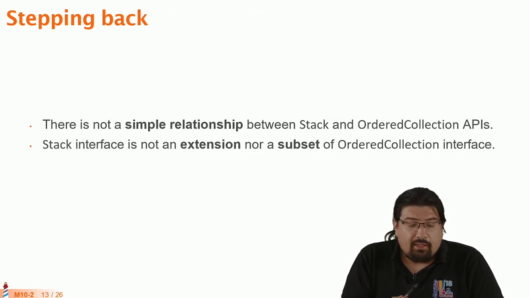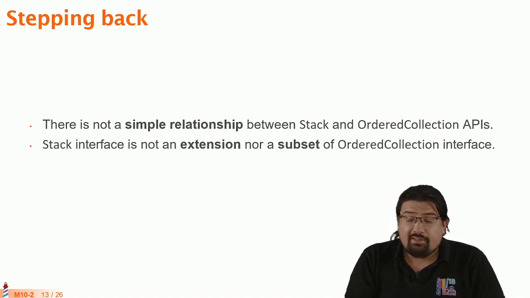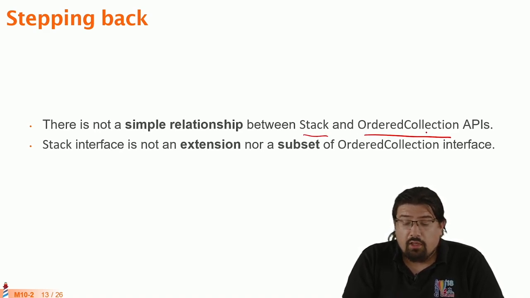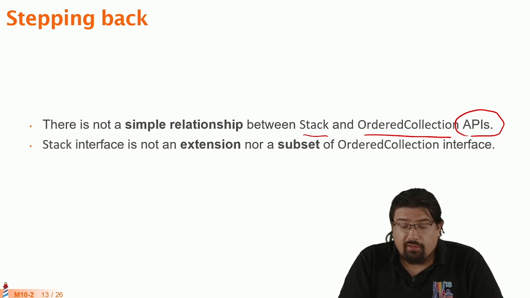So, taking this into consideration, we can see that there is no clear relationship between a stack and ordered collection. We are analyzing this relationship from the API, thinking of it from the point of view of the client.